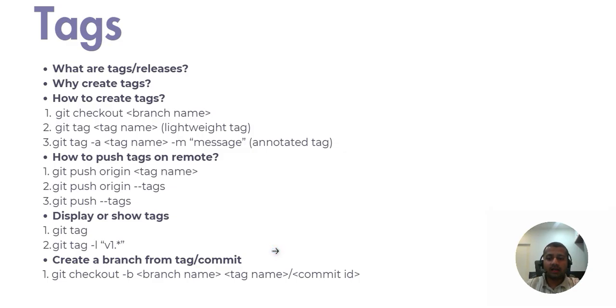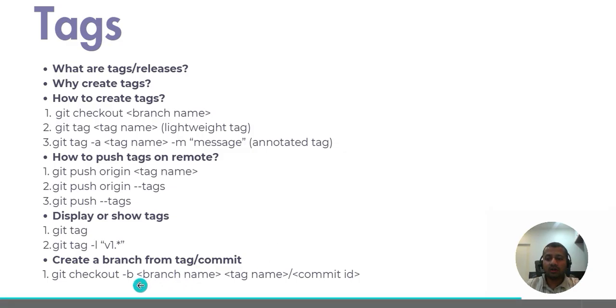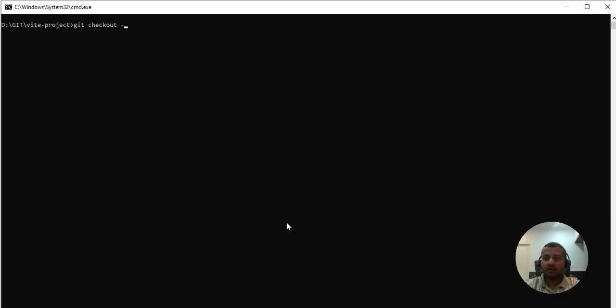So what is the command? Git checkout -b, the branch name and the tag that we want to use. So let's go there and create it. Git checkout -b, we will say hotfix, and the tag that we want to use to fix the issue.